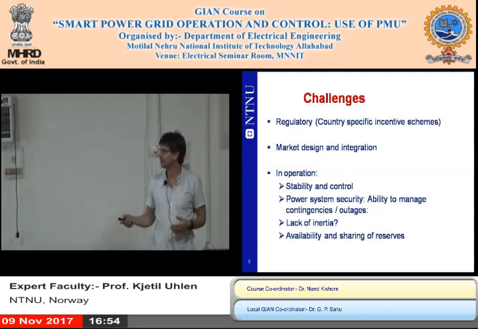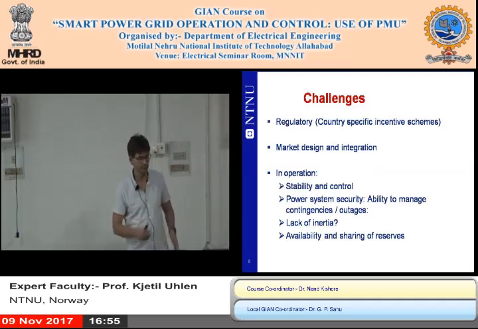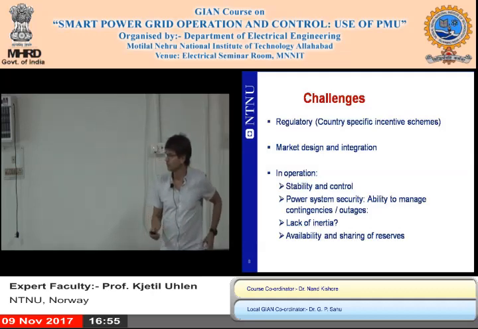How do you design the market to integrate this? But in operation, we talk about stability and control, power system security, and, among all, lack of inertia. And very interesting, I think, is the availability and possibility of sharing reserves between the different systems. So that is my focus.